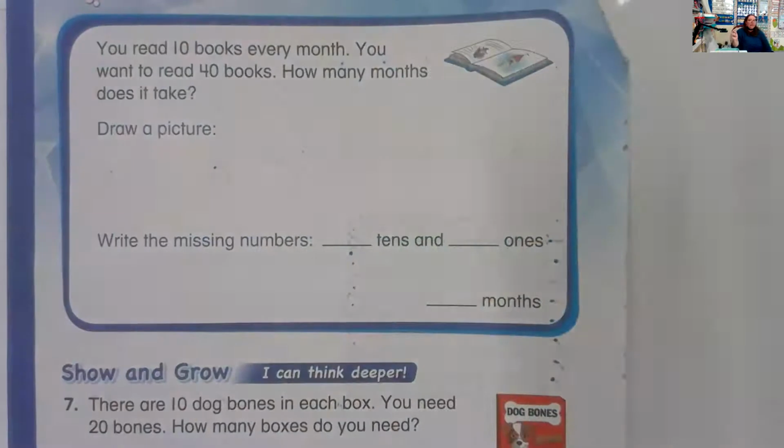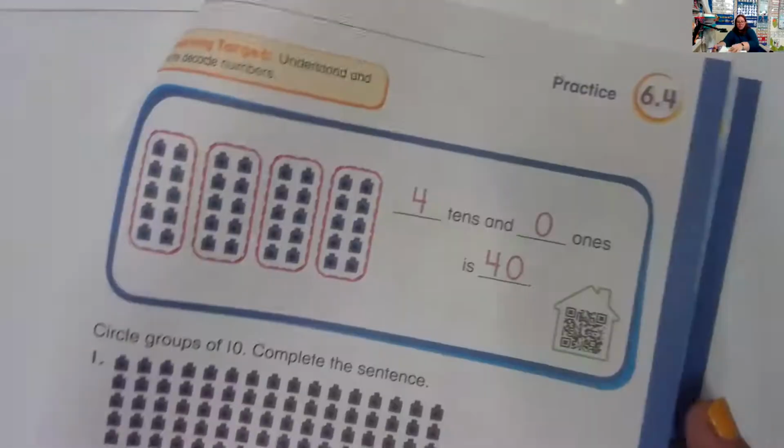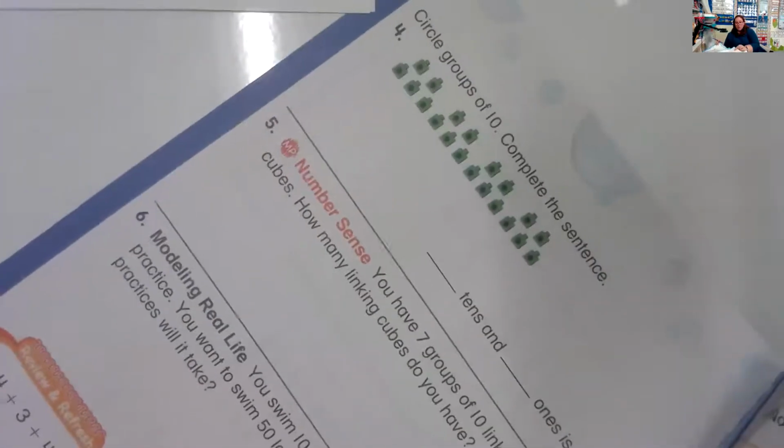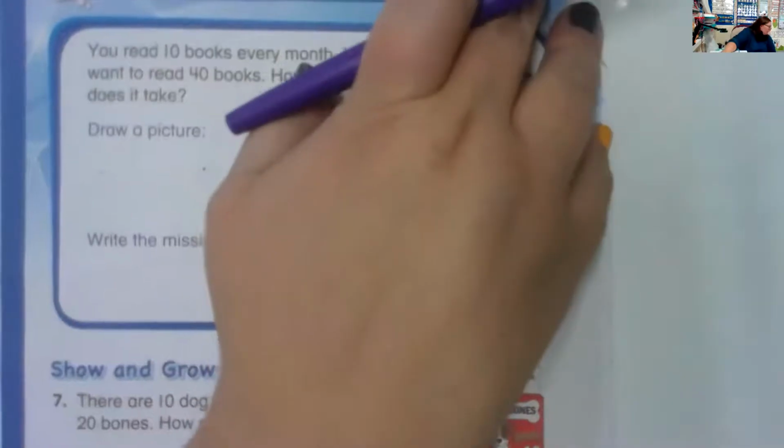And I wanted to point this out to you guys because on this last page, this next part where it says practice, you are going to do on your own. And it has several word problems that you need to show your work, most likely. So when, and if not on this one, then on others.